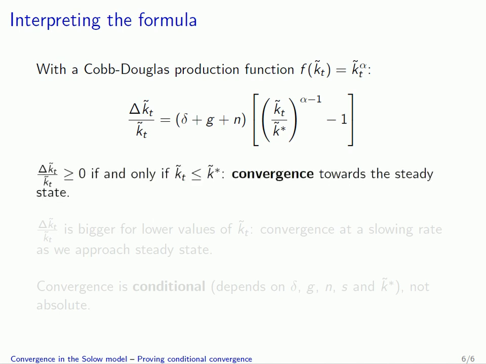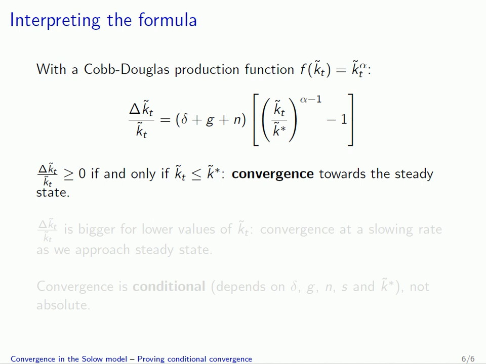This is important because if we are in a situation in period t where k tilde t is smaller than k tilde star, then of course the ratio k tilde t divided by k tilde star is smaller than 1.